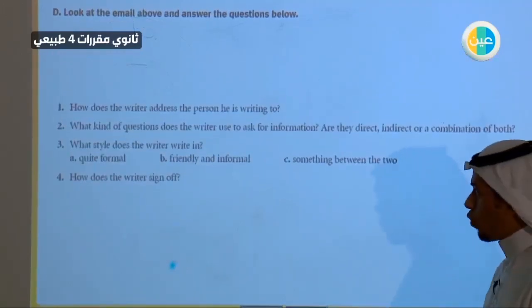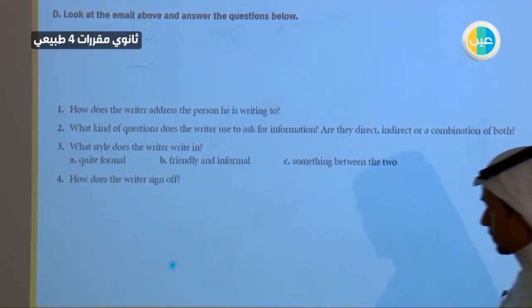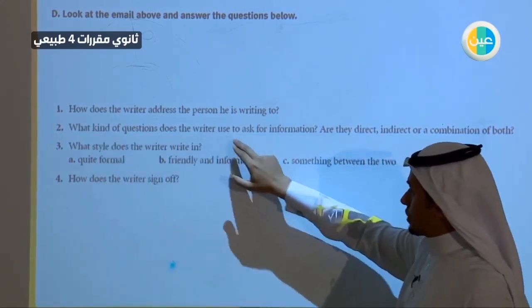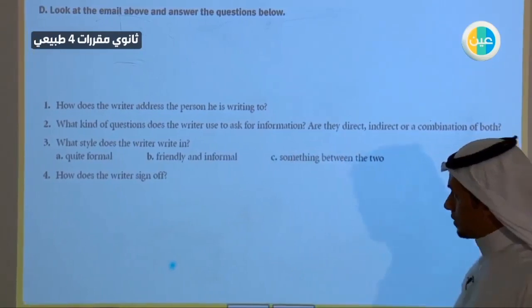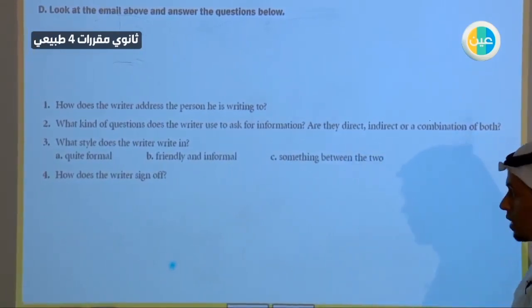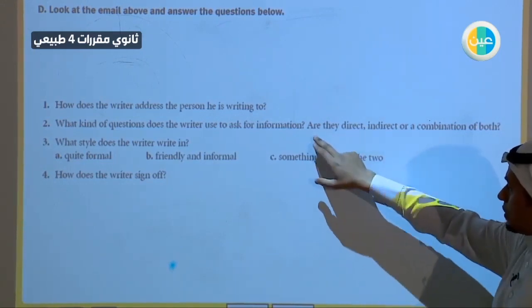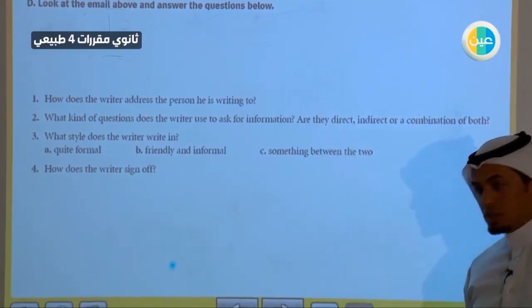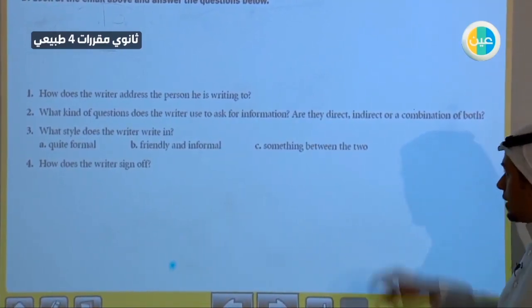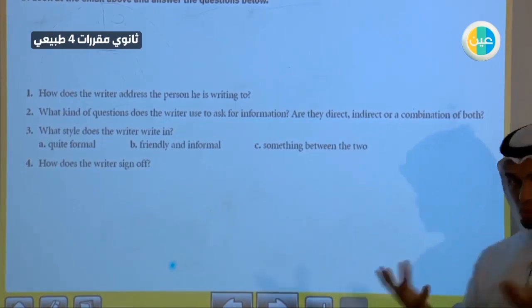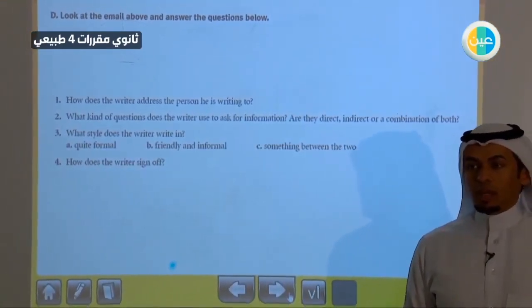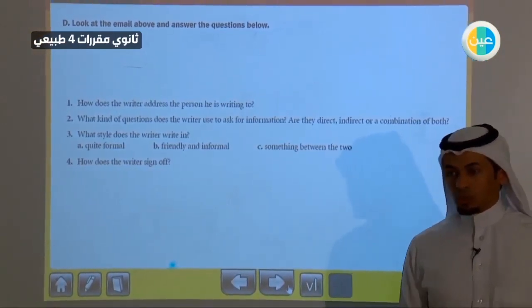Question 2. What kind of questions does the writer use to ask for information? Are they direct? Direct questions and indirect questions are two separate types of questions. Direct is like, what are you doing?